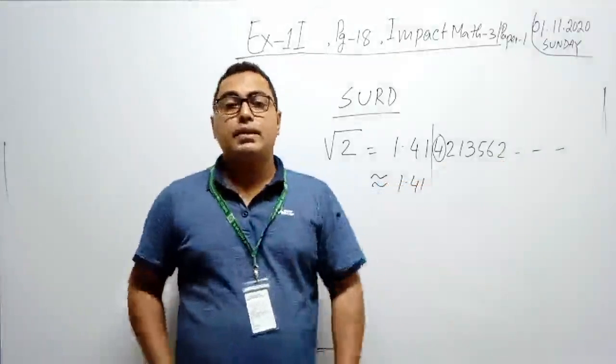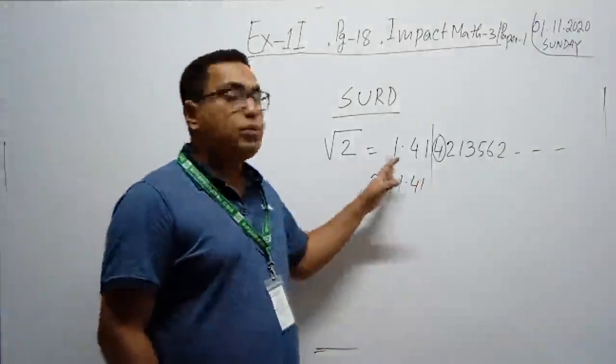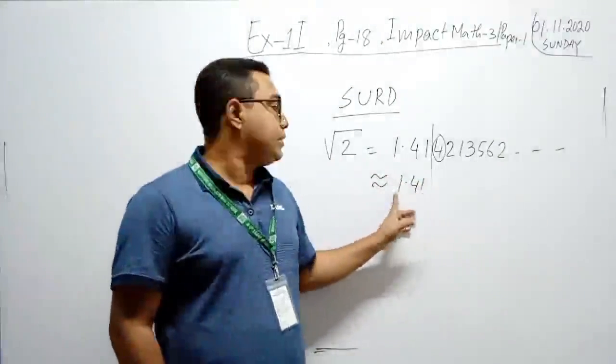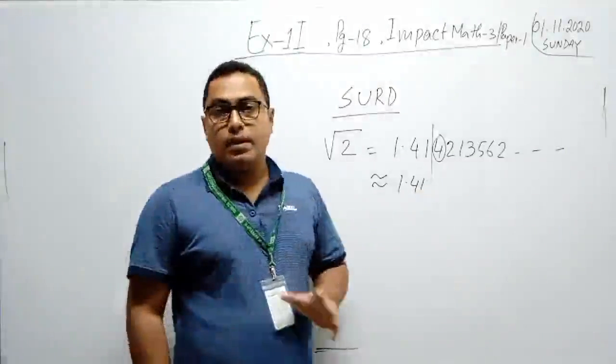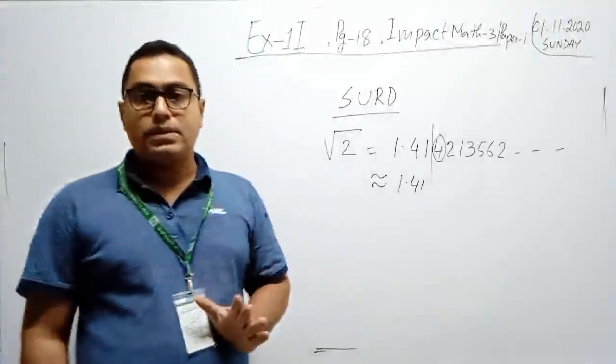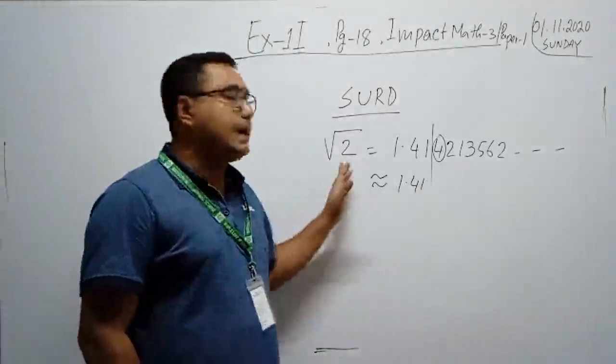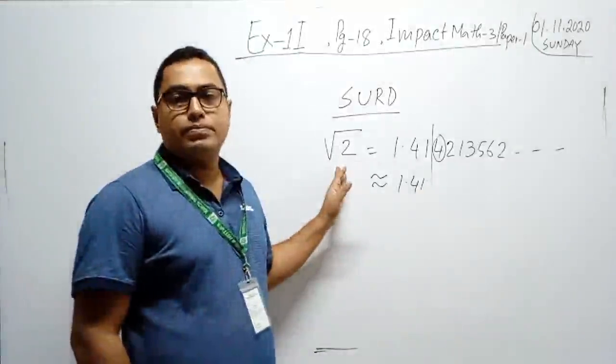I want to say square root of 2. Here, if we take these 3 digits, that means 1.41 in 3 significant figures, it will not represent the exact value of square root of 2.